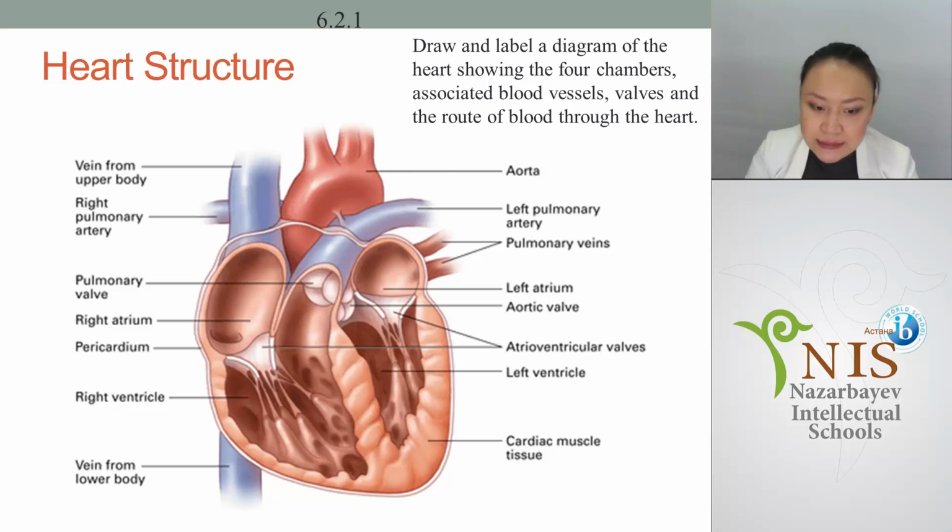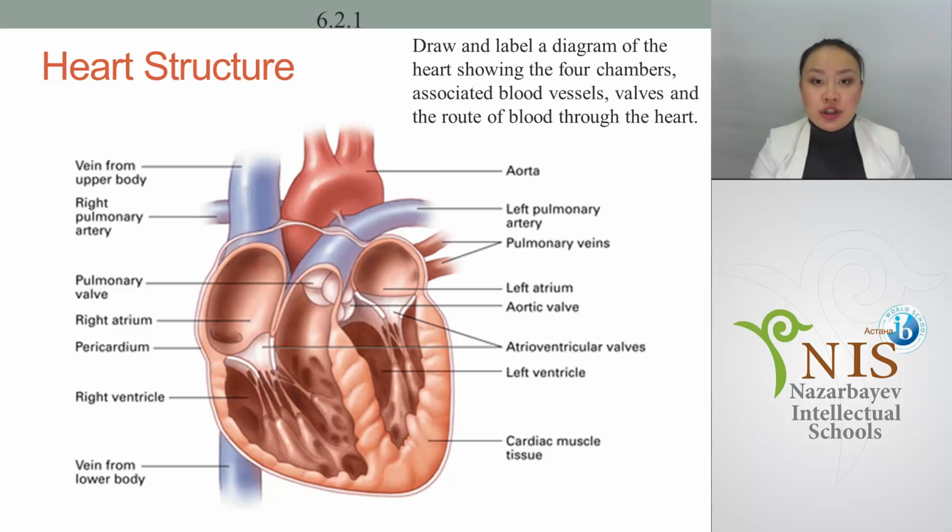And look at this heart picture carefully. If you do that, you easily identify that the left side has a thicker wall. Why do you think so? Why is it important to have this?